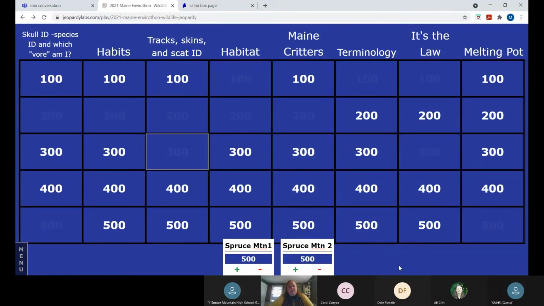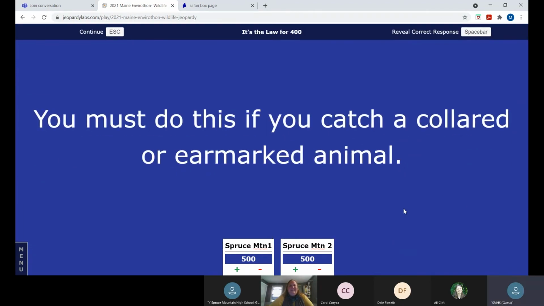All right, Spruce Mountain 1. Let's take It's the Law for 400 to take the lead. So you must do this if you catch a collared or earmarked animal. Report it to the Department of Inland Fisheries and Wildlife.